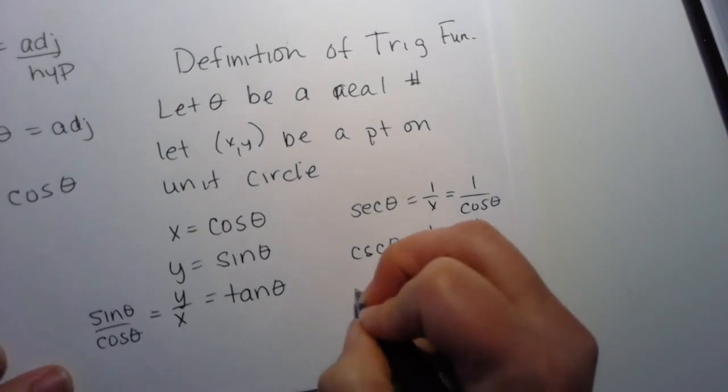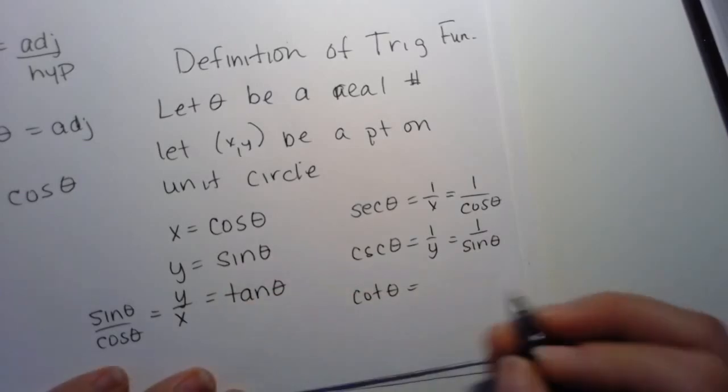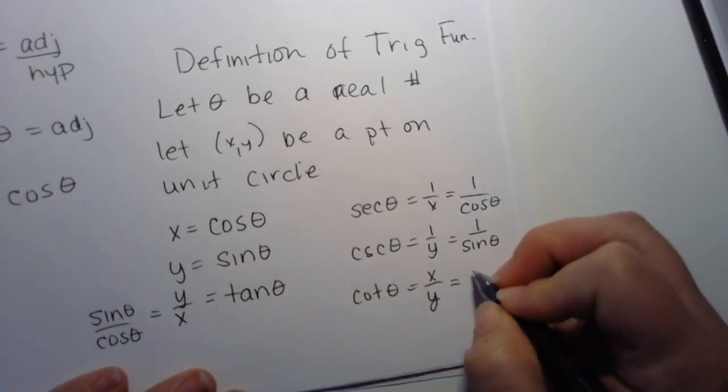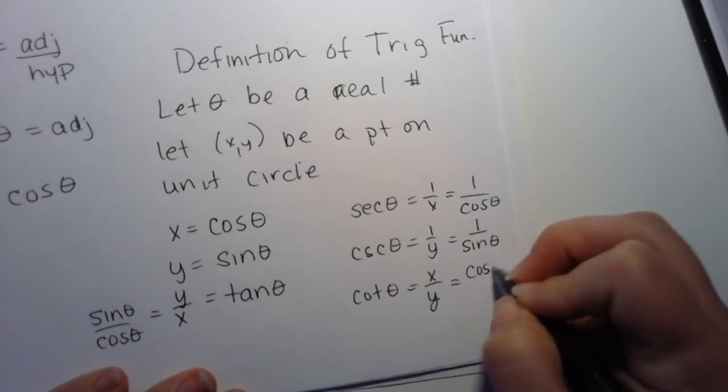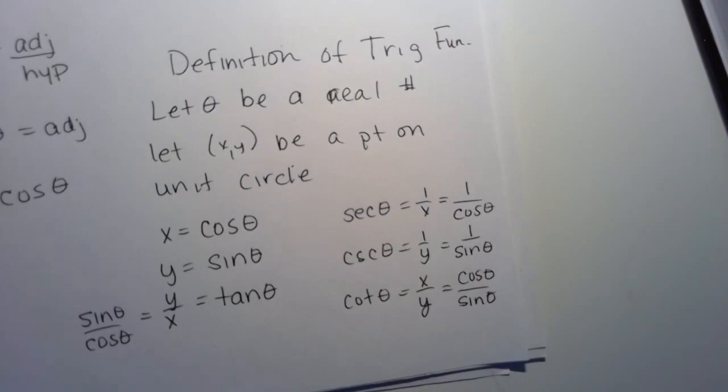And cotangent of theta, the reciprocal of tangent of theta, can be thought of as x over y, or cosine of theta over sine of theta. Okay, so this is how we think about it.